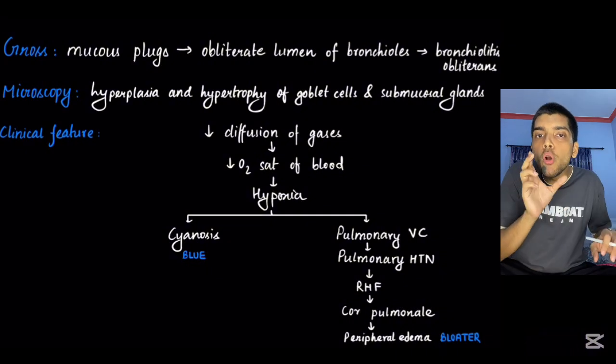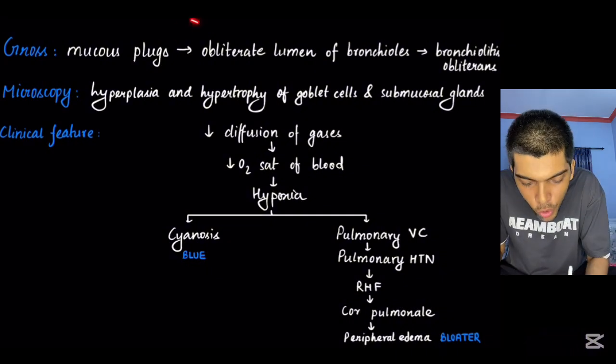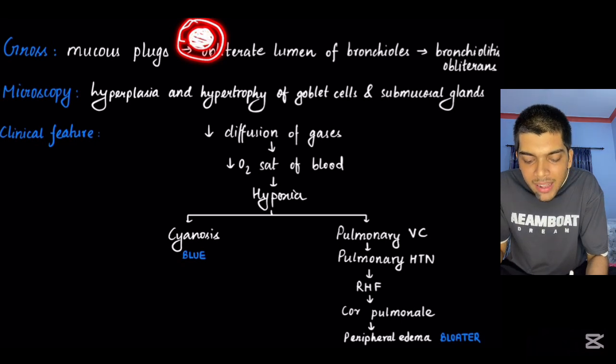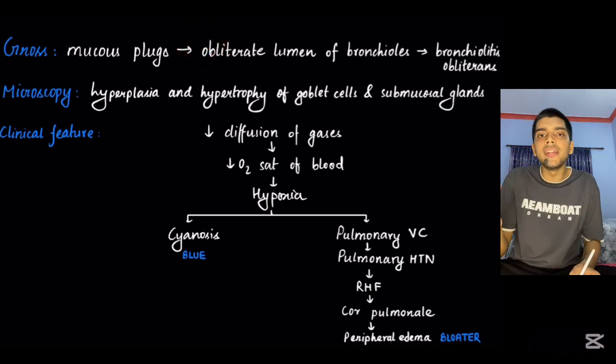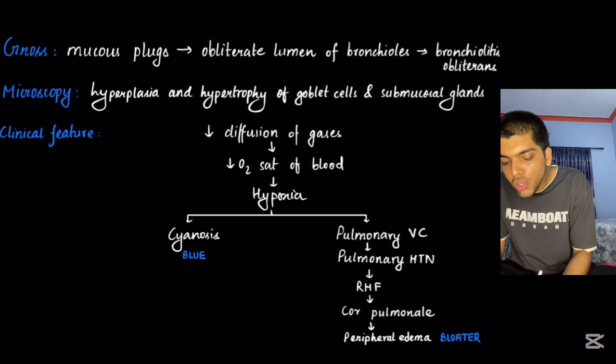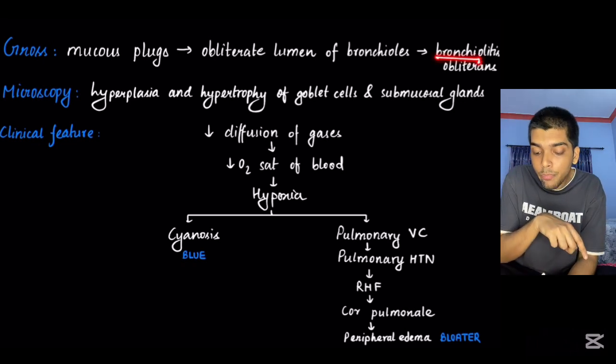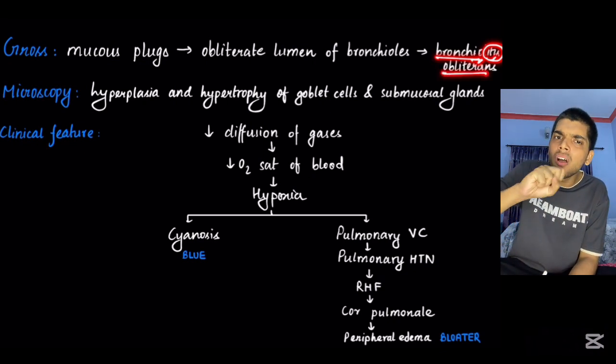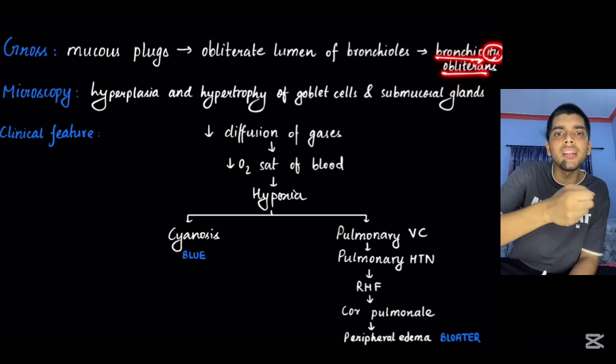The lumen of the bronchiole gets completely obliterated, and this is called bronchiolitis obliterans. Bronchiol, because bronchiole is affected, itis, because there is inflammation, obliterans, because there is complete covering of the lumen or the obliteration of the lumen.